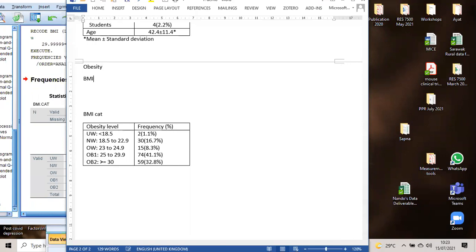Write in more detail: BMI was calculated based on weight and height, and later the BMI values were categorized.